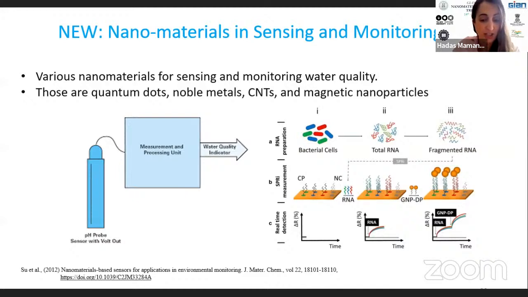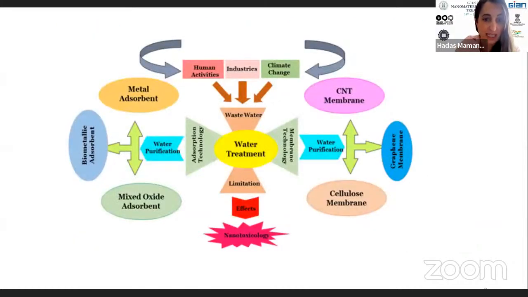Upon hybridization of the DNA with isolated 16S rRNA, there was a change in the reflectivity of the gold-coated nanoprisms, which allowed detection and enhanced sensitivity. So the gold nanoparticles were functionalized with a detection probe that can introduce a simple way to analyze RNA concentration as low as 10 picograms per milliliter. So this is how nanomaterials can be used in sensing.